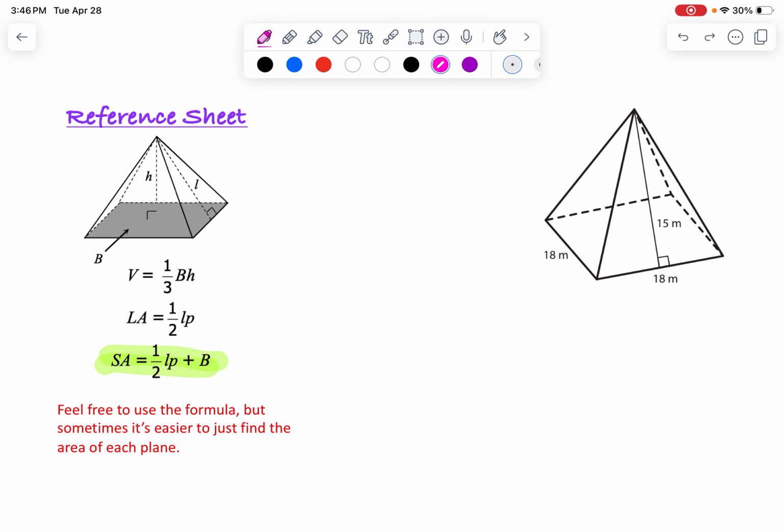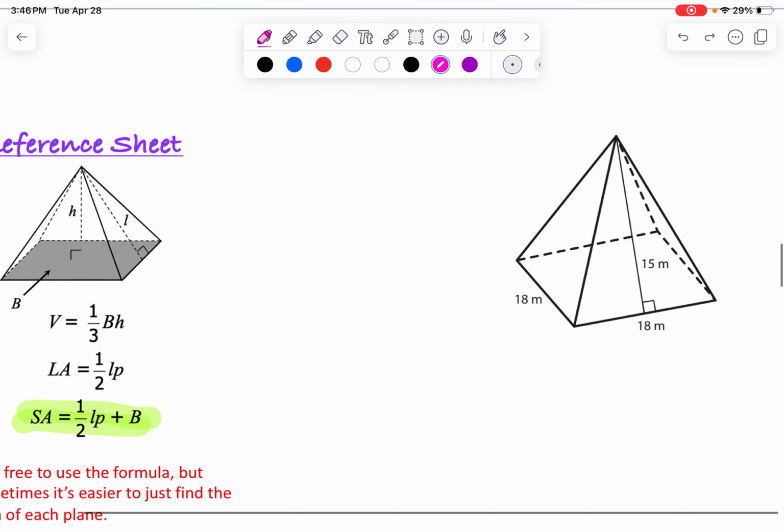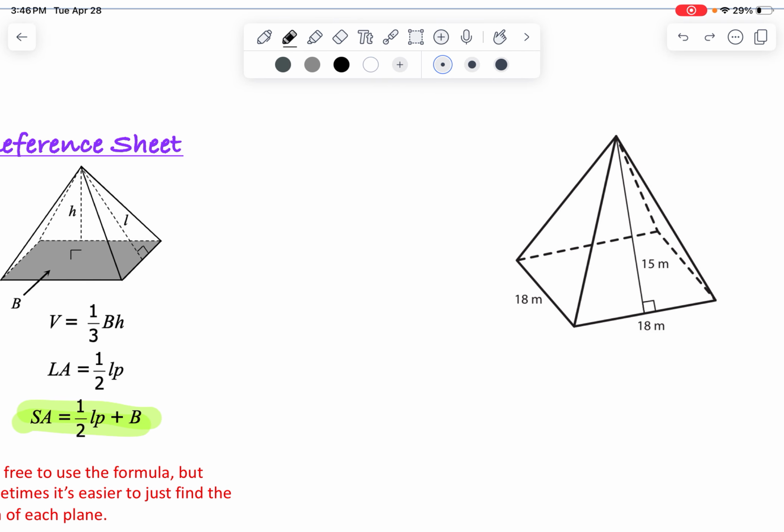Sometimes it's really just easier to find the area of the base and then find the area of however many triangles you have and just add them together. So that's the tack I'm going to go for, as sometimes these formulas are a little more confusing.